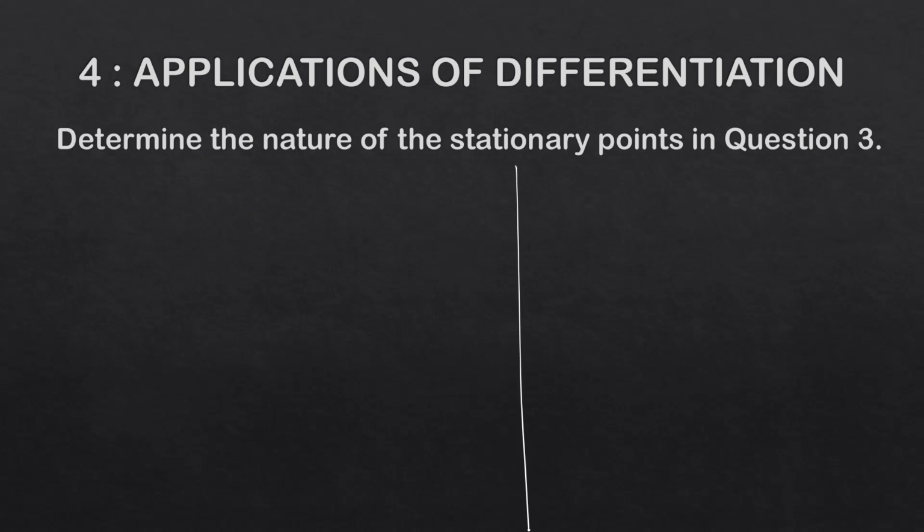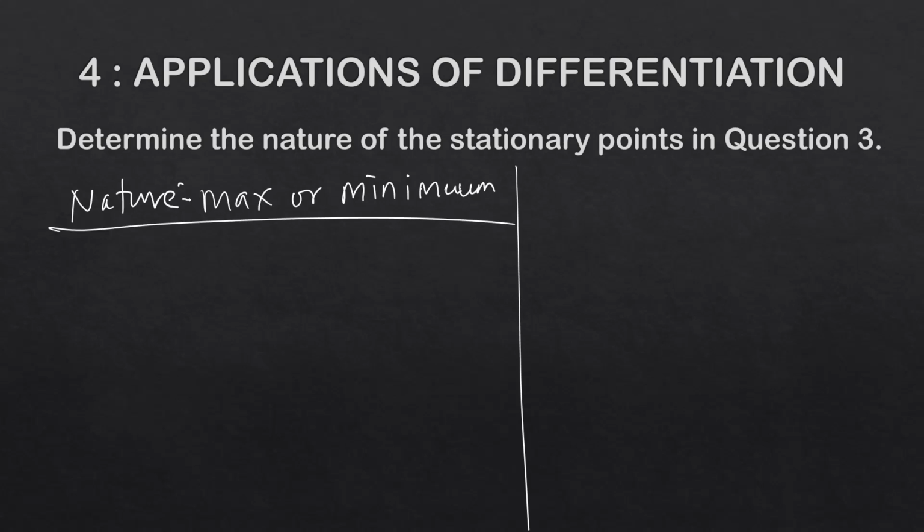They say determine the nature of the stationary points in Q3. When we talk about the nature of any stationary point, the question is: is it maximum or is it minimum? That is the question of nature.